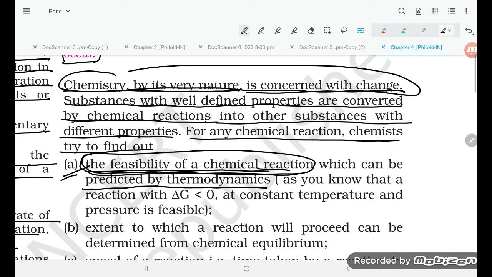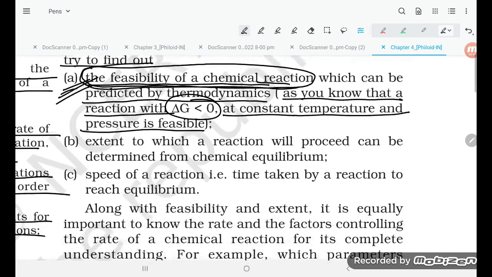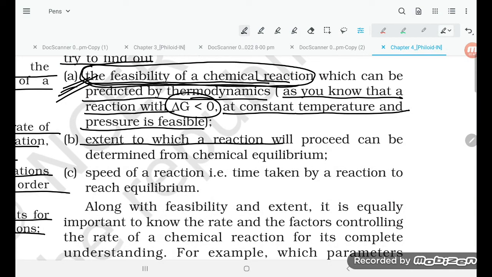Now, how can you understand the feasibility? As you know, a reaction whose free energy change is negative at constant temperature and pressure is feasible. So, if delta G is negative, the reaction is going to take place. Now, the second point: the extent to which a reaction will proceed can be determined from the chemical equilibrium.